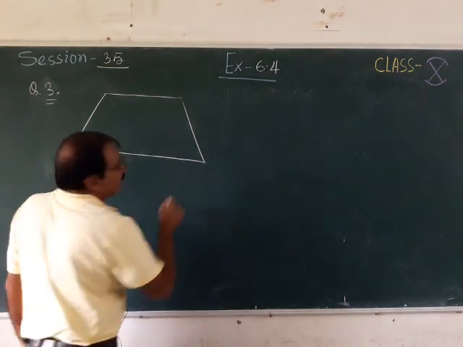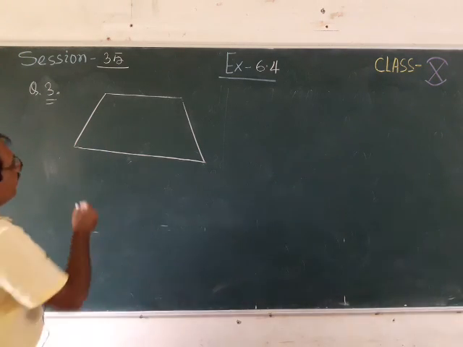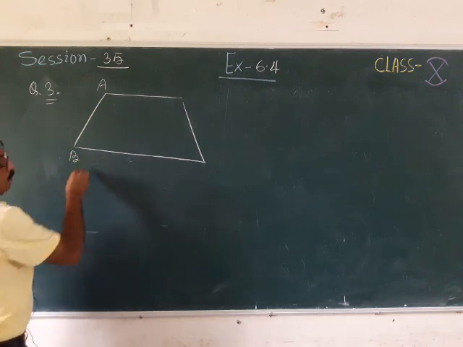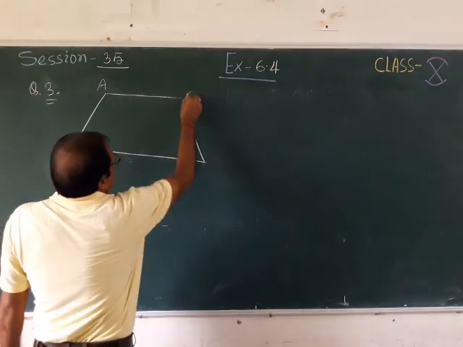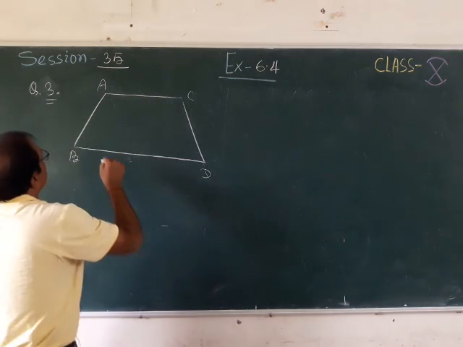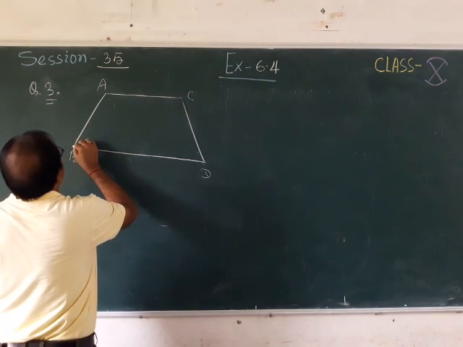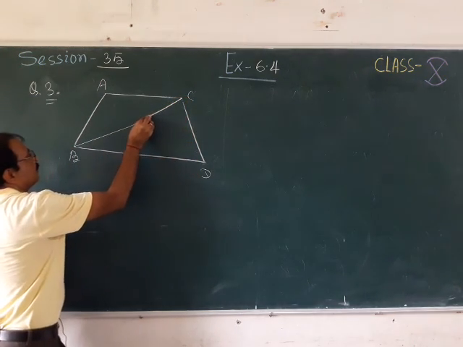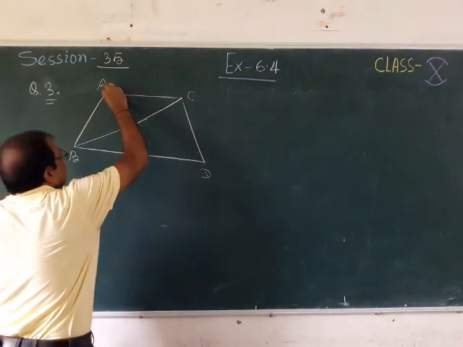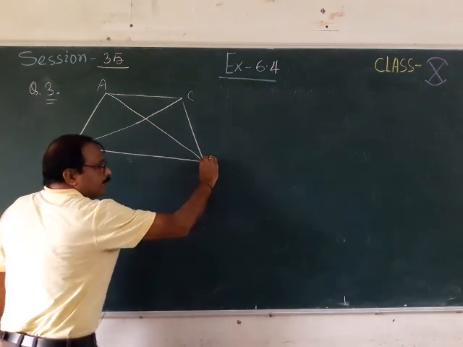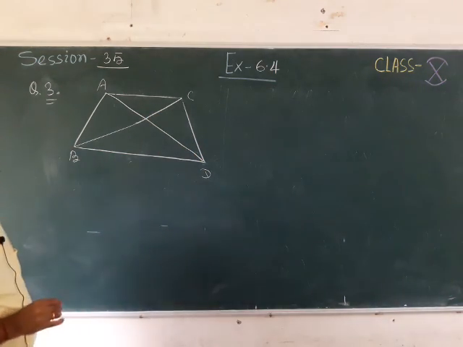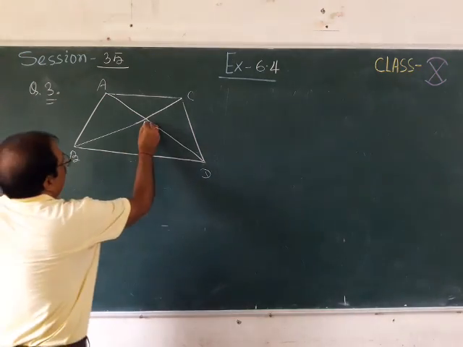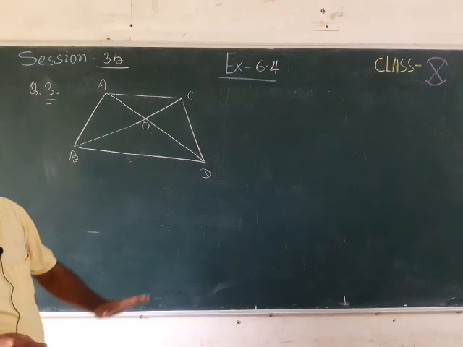You can draw this diagram and name the vertices: here A, then B, then C and D. Now BC is joined, so let us join this BC. Then AD is also joined. Join this AD. BC and AD are joined and they are intersecting at a point. That point is O.